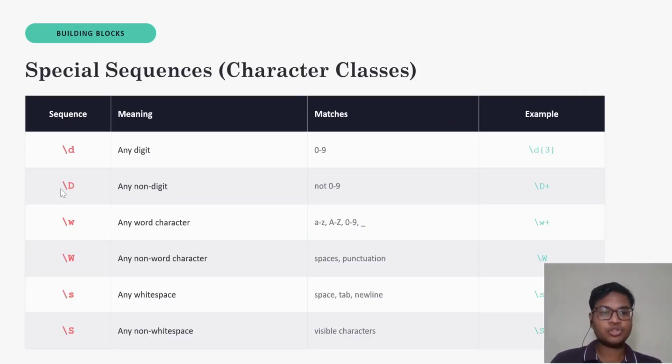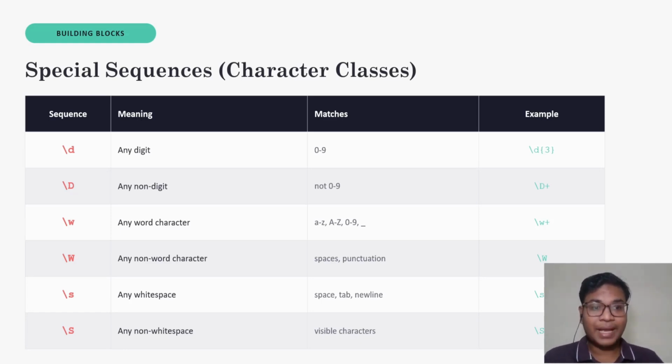Backslash capital D means any non-digit, that is, not 0 to 9. If any digit 0 to 9 matches with backslash d, then the sequence is like this, that's the example. Backslash capital D plus.